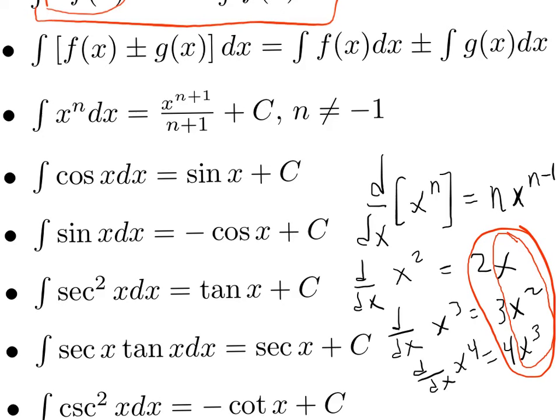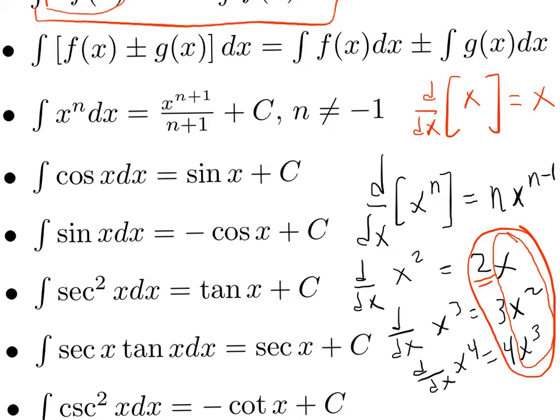But if we want to know what is the antiderivative of just x, we've got to know how to deal with this 2, right? Because if it's x squared, we're going to get a 2 out front. How do we get rid of the 2 out front? The derivative of what equals x?